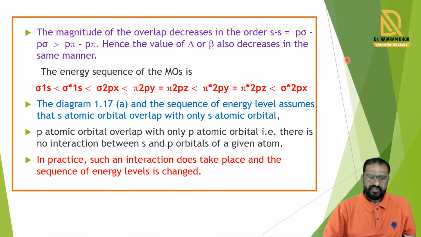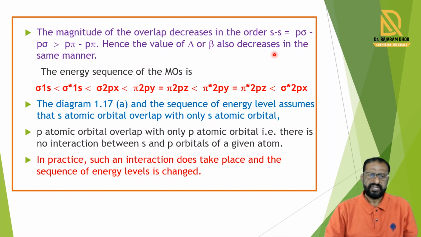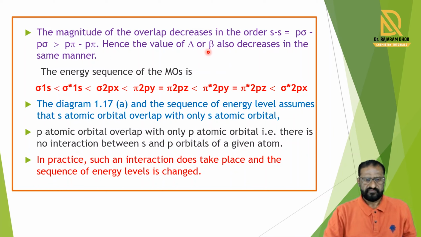Now we see this molecular orbital energy level diagram for second group, second row elements. Then we get the delta energy, or we say the beta energy, and in this case the delta or beta energy which is formed is similar in the case of all other diagrams.